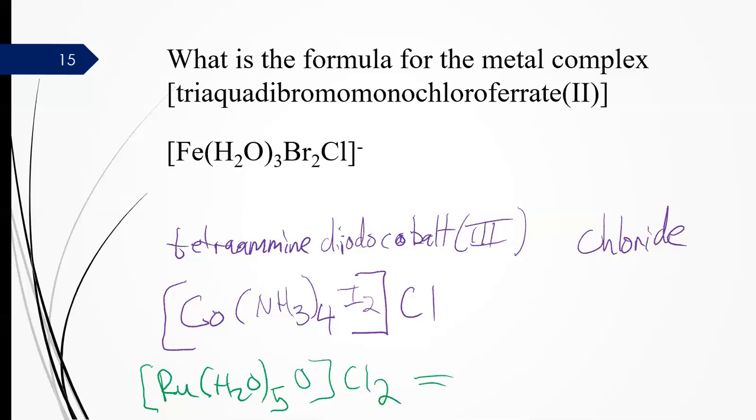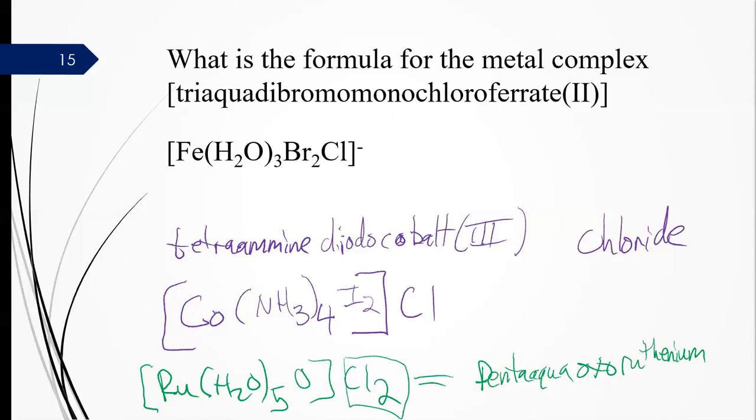So when we look at this one, you guys started off correct in that it's going to be our penta-aqua. And then we have oxo. You can put mono-oxo or you could just put oxo because it's all by itself, either one. Then we have our ruthenium. And now we need to figure out our charge.